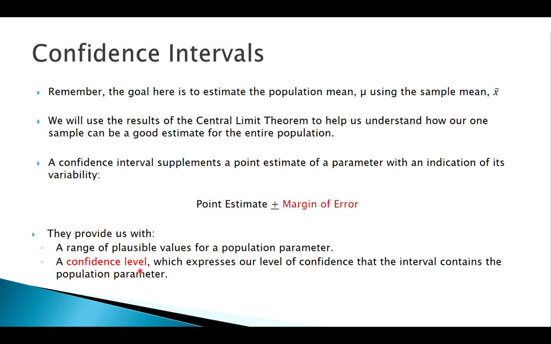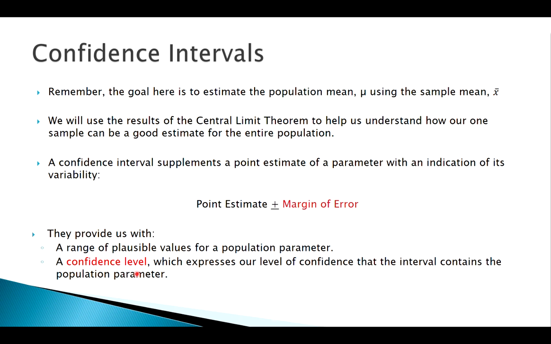And this interval will also come with what we call a confidence level, because we're starting to figure out in statistics that we're never 100% sure about our answer. So every answer with these statistical inference techniques comes with some sort of indication of its variability as well.